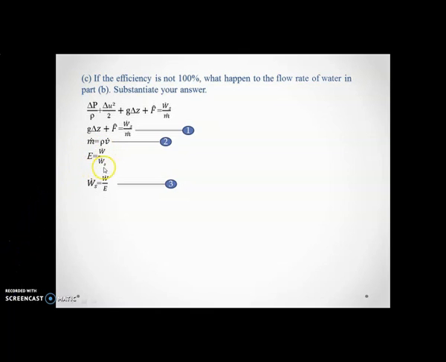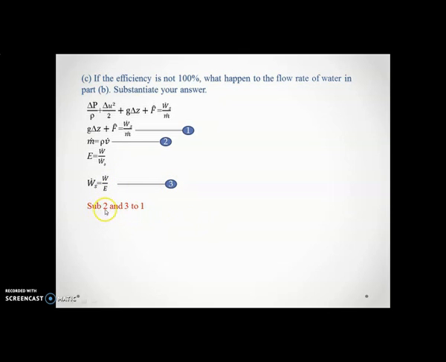As we know, the equation of the efficiency equals work flow rate over the shaft work flow rate. So we know that the shaft work flow rate equals work flow rate over efficiency, which is our equation 3.